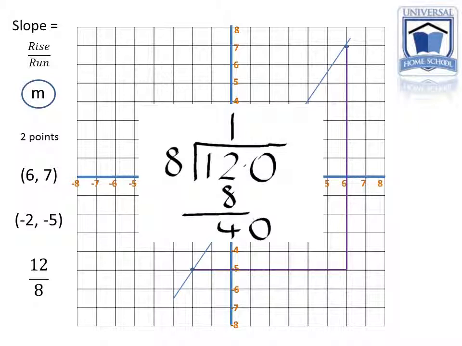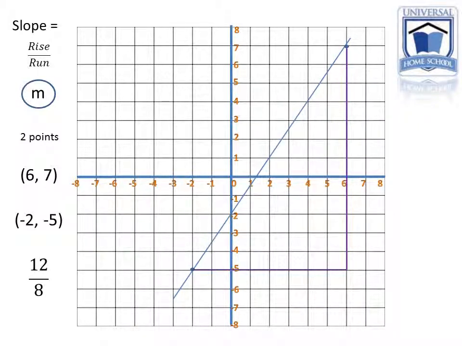Don't forget we've got to put a point beside the 1 because we put a point after the 2. And 8 into 40 would go 5 times. So m equals 1.5. Therefore the slope equals 1.5. That's the slope.